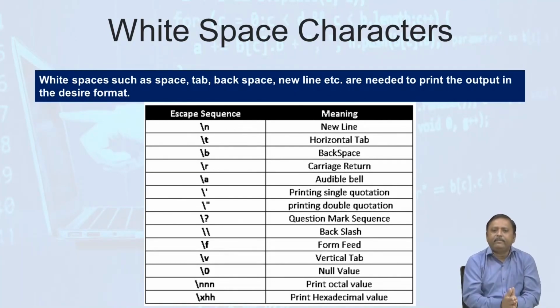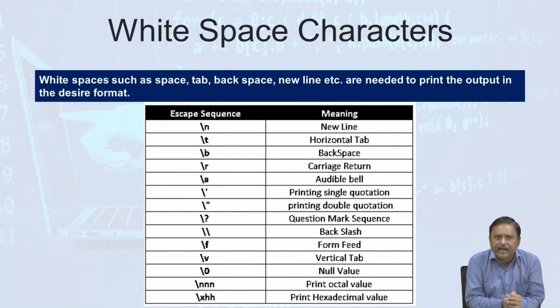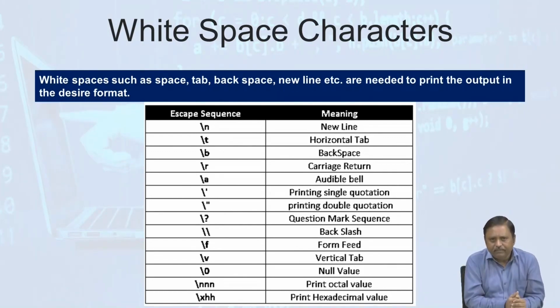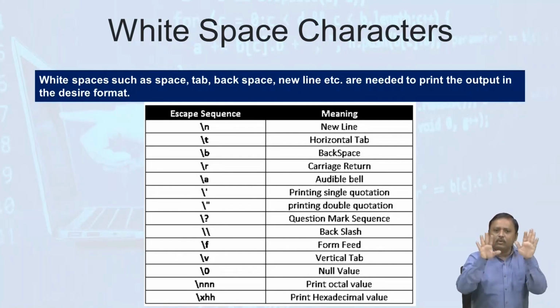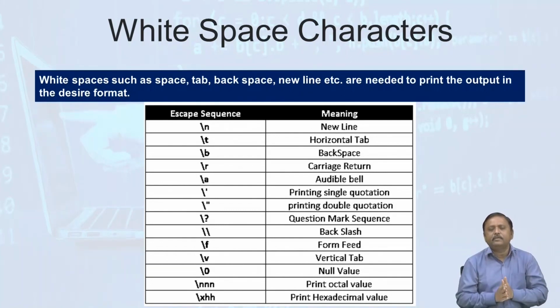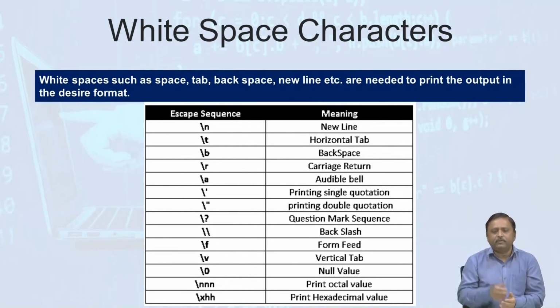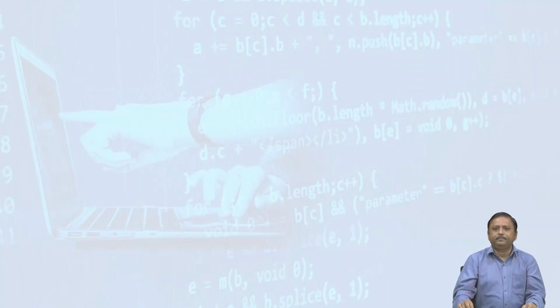Similarly, \b represents backspace, \r represents carriage return or enter, and when you write printf and inside double quotes you write \a, it results in an audible bell or beep sound, right? So you can use all these escape sequence characters inside your printf, and their meaning is shown on the screen. You can try all these escape sequence characters in printf, and for printf we need to include our stdio.h file.